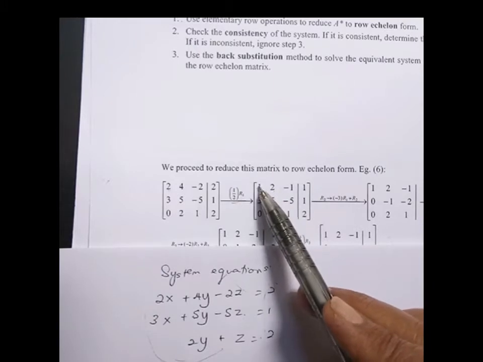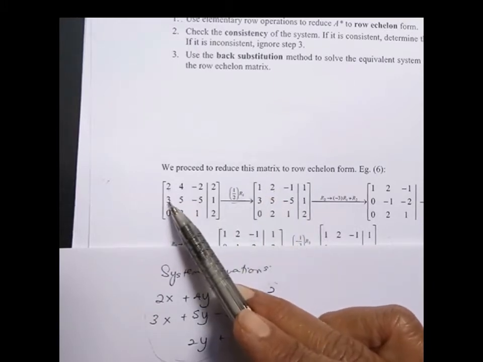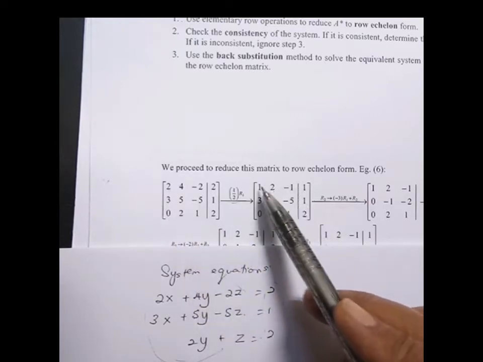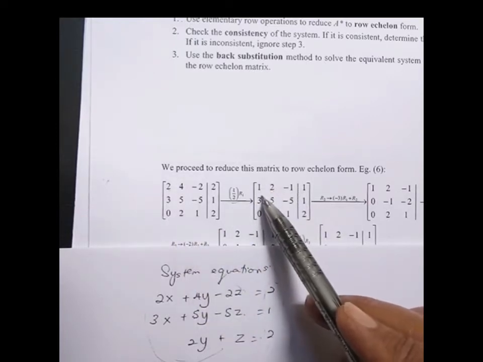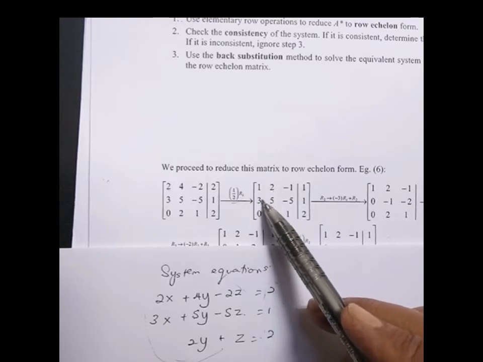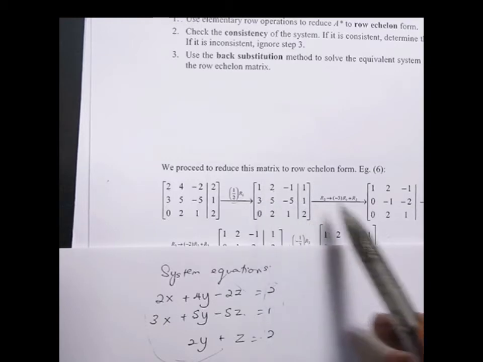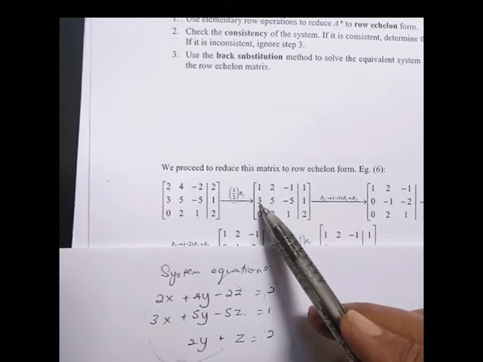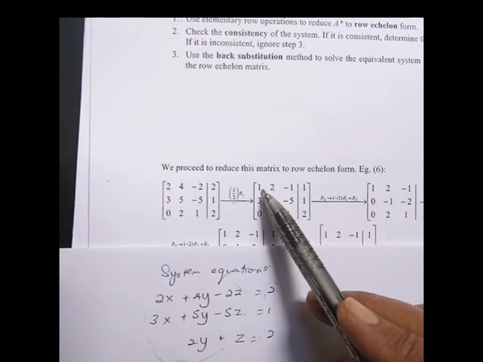Row 2 and row 3 remain the same. Now we focus on the leading one, and the rest of the column must be 0. So how to make this 0? By using ERO, which is row 2 minus 3 row 1.